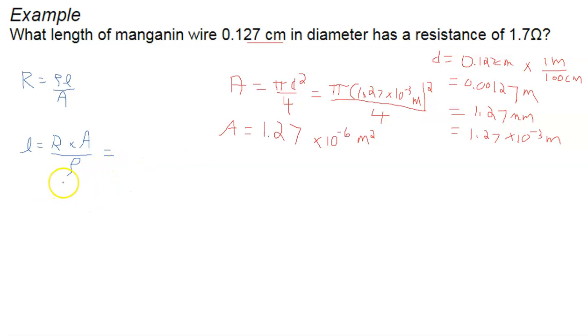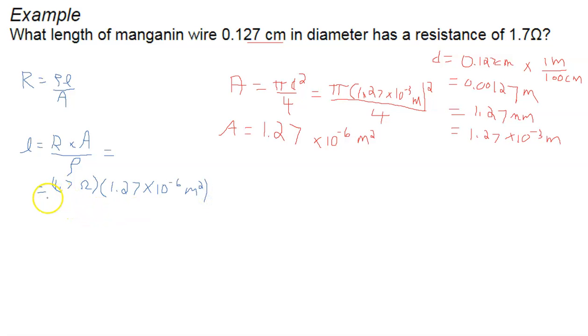Okay, so now that goes back now to my formula for resistance that I have solved for length. My resistance is 1.7 ohms, and my area now, and I've got a bunch of numbers in my calculator and I'm going to leave in there, is actually 1.266768, and so it rounds to 1.27 times 10 to the negative 6 meters squared.